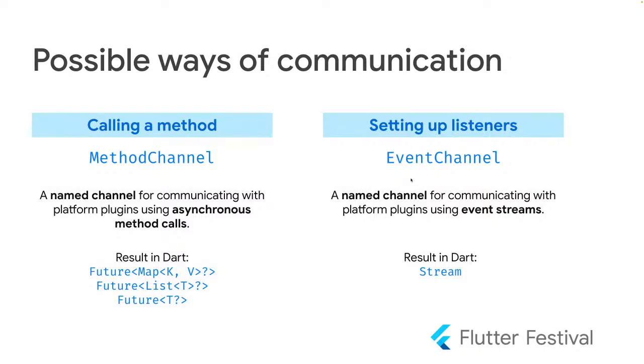And that's done using EventChannels. EventChannels are just like method channels. They are named channels. They have a name for communication. And the result in Dart is going to be a stream. So you subscribe to that stream and it sends you all the results from native into your Flutter code.